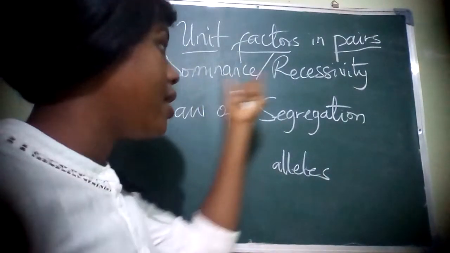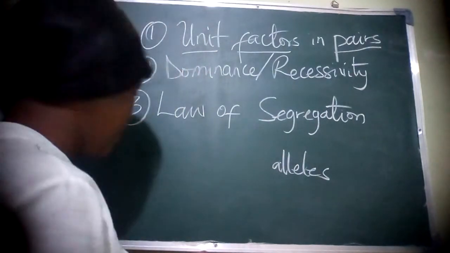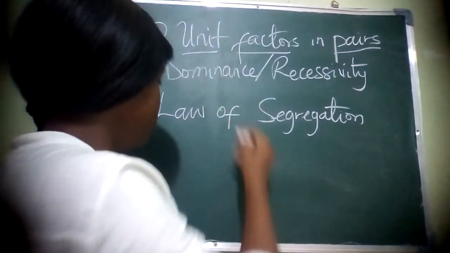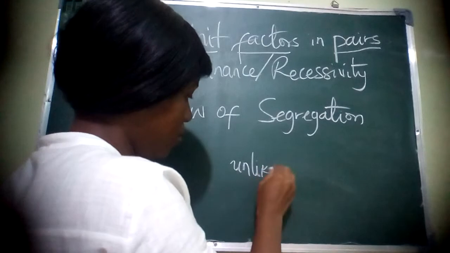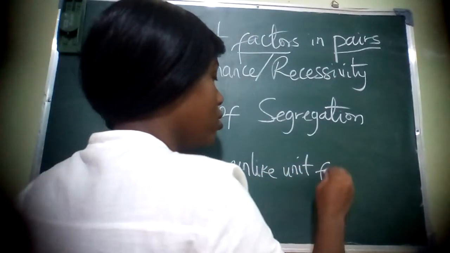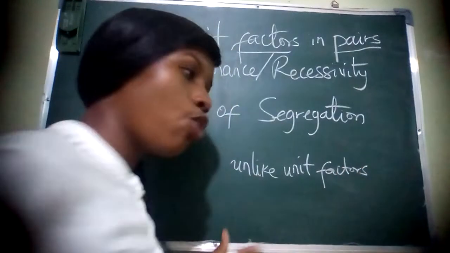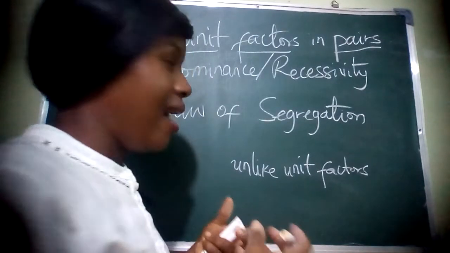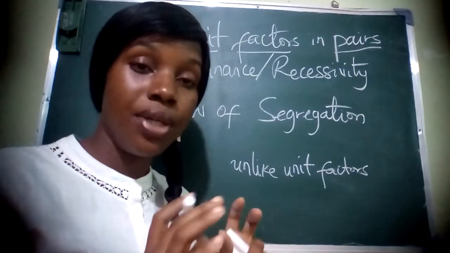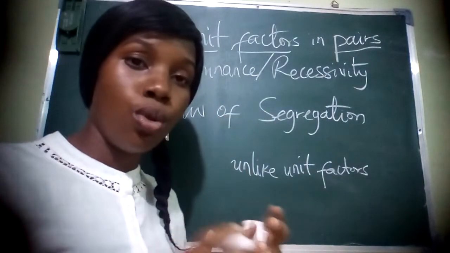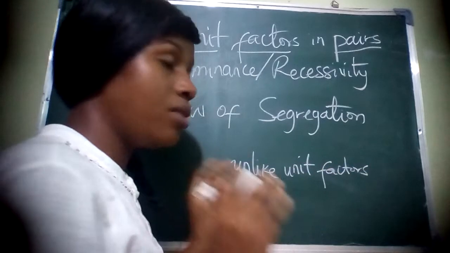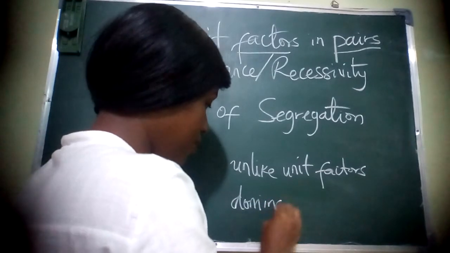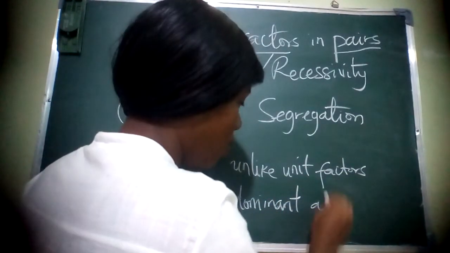Okay, now dominance and recessivity. He said that unlike unit factors that control the same trait, when they are present in a single individual, one tends to dominate over the other, and the dominant unit factor is what we now call the dominant allele.